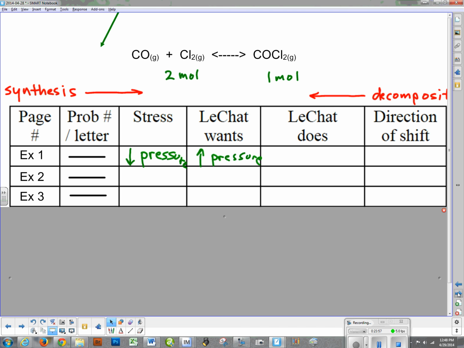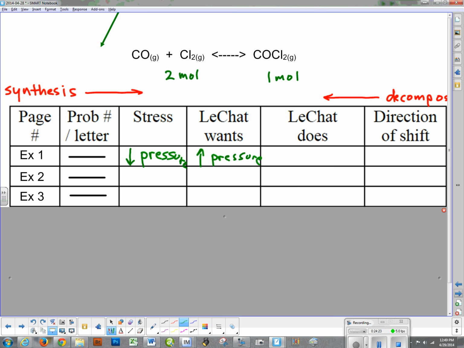Is he going to decompose and make more CO and Cl2? Or is he going to synthesize and make more COCl2? Well, if he goes this way, he's going to get more moles, and that will give him more pressure.